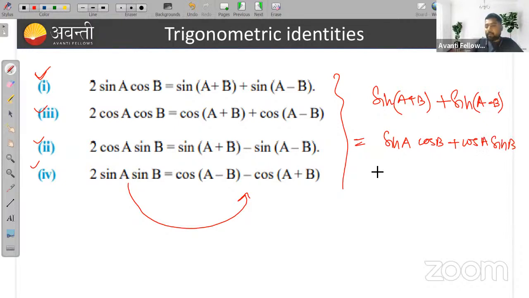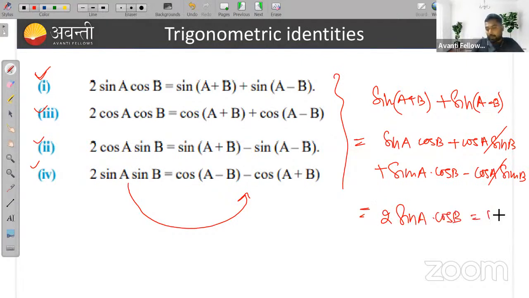Similarly, sin(a-b) is sin a cos b minus cos a sin b. So these two will be cancelled out. So what you are getting? 2 sin a cos b, which is your left hand side. So the first formula is proved. Likewise, you can prove all these identities also.